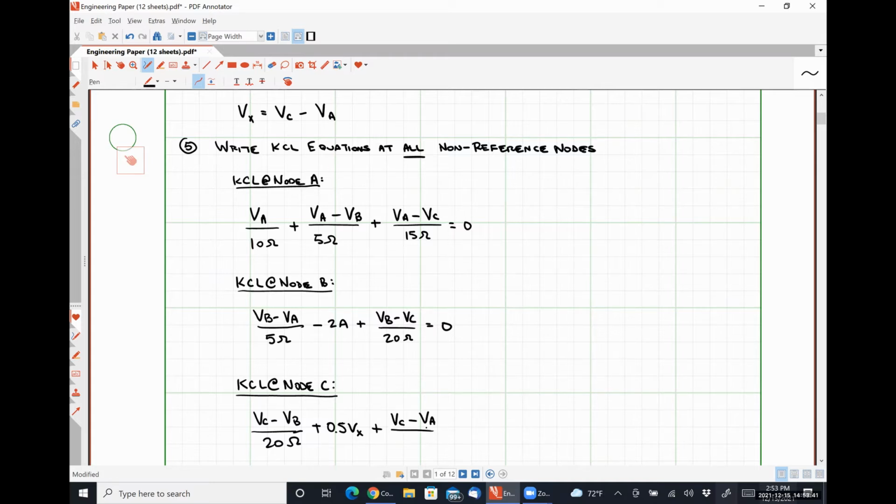Over 15. Yep. VC minus VA over 15 ohms. All right. So we have four equations, four unknowns, but we could easily substitute our Vx relationship, Vx is equal to VC minus VA, into our KCL at node C equation and get this down to a three equation, three unknown system.